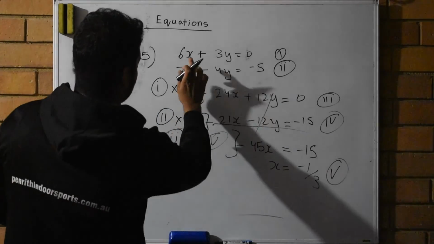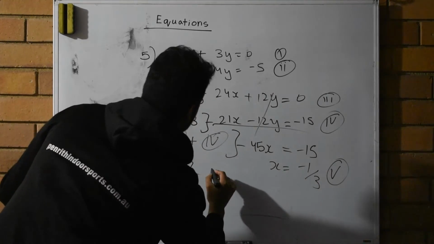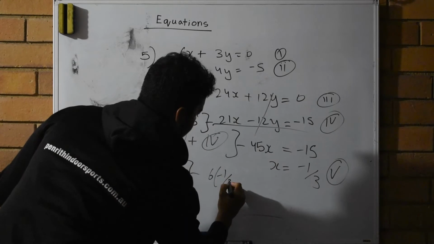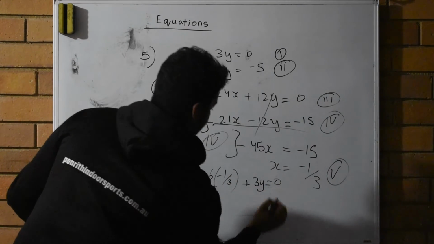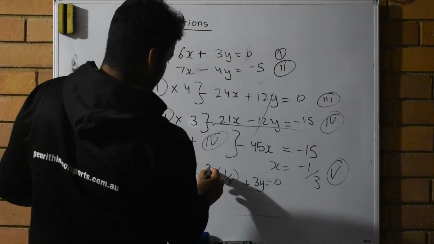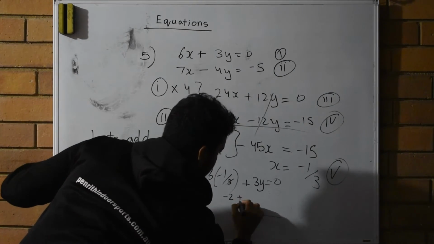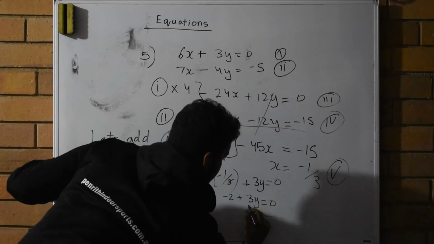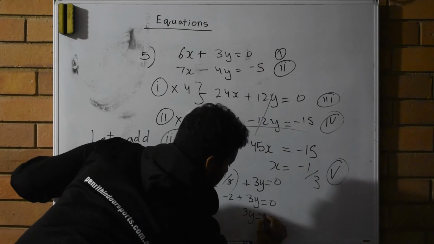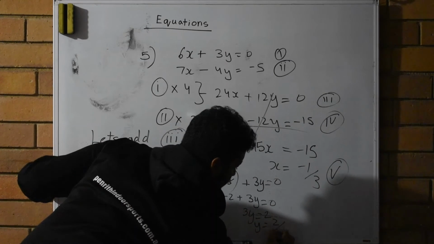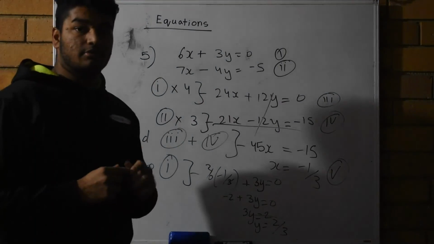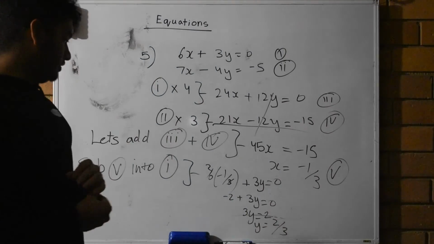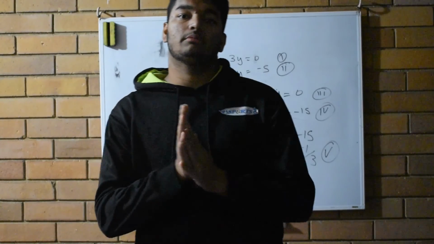So x was negative 1 over 3, so 6 times negative 1 over 3 plus 3y gives me 0. So that is negative 2 plus 3y equals 0. 3y is just going to give me 2, and y equals 2 over 3. And that's the answer.